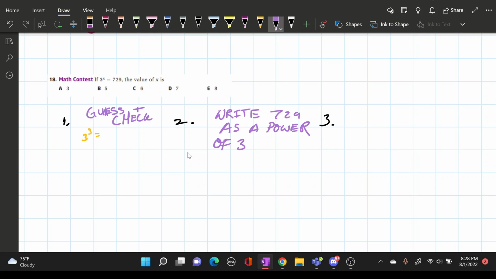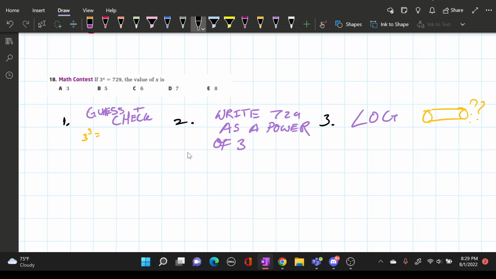And the last method is logs. And you're going to say, what do you mean logs? Let me show you. I'm not going to explain logs completely, but I can show you how to work these types of questions.